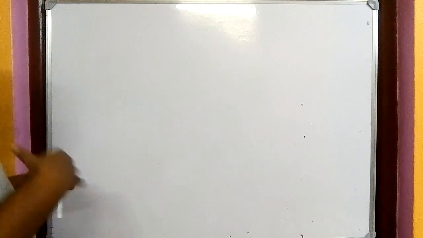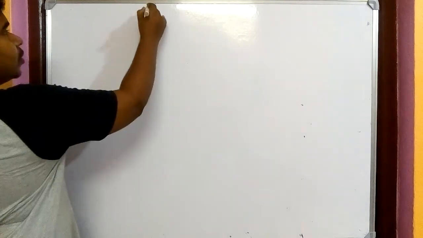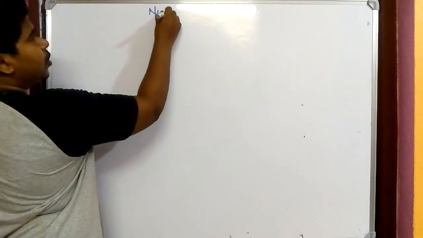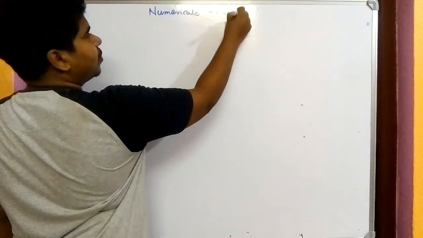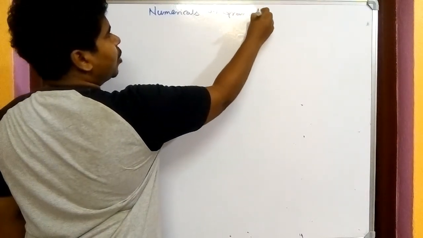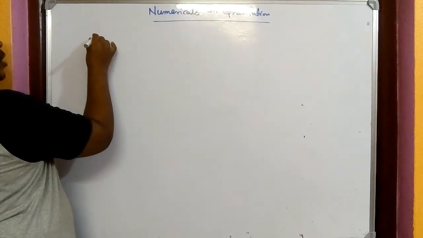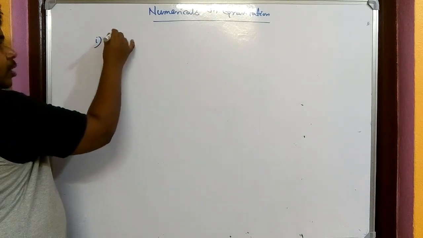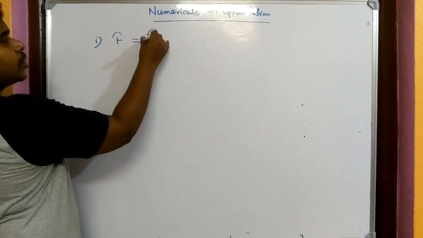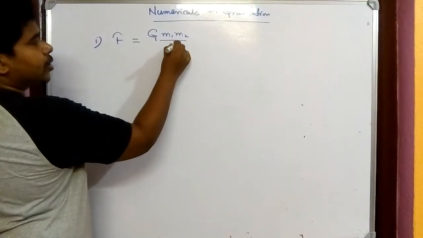Before starting the numericals, we have to remember some equations. Our target is to do the numericals on gravitation. The first important equation is Newton's law of gravitation, force equals G m1 m2 by r square.